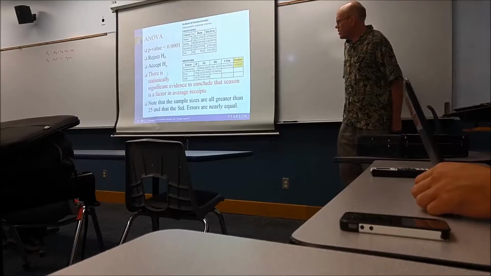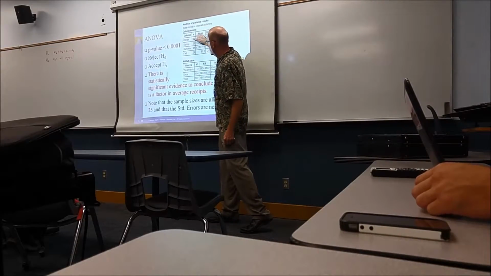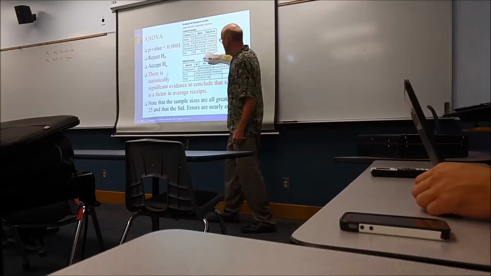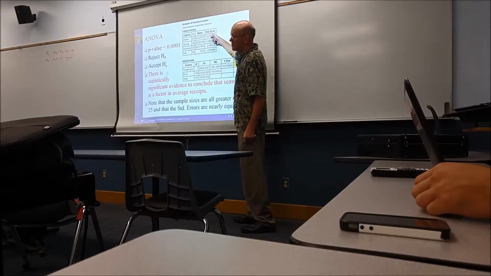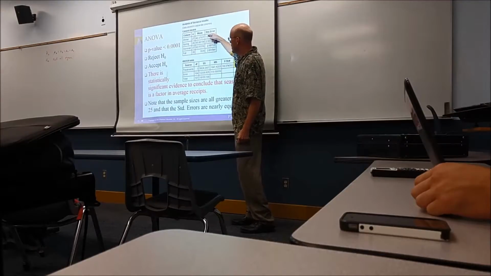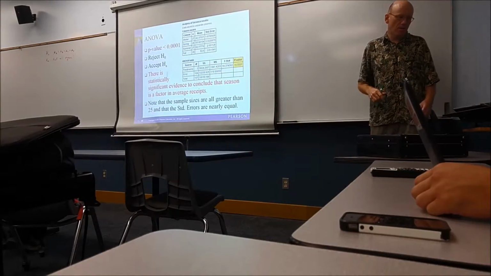And they're just noting a couple of things: that the sample sizes are all greater than 25, right here, 26, 27, 28. Also that the standard errors, the largest one, 0.33, is not more than double the smallest one. If you take the smallest one and double that, you're larger than the largest one.